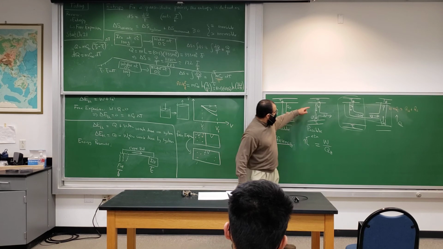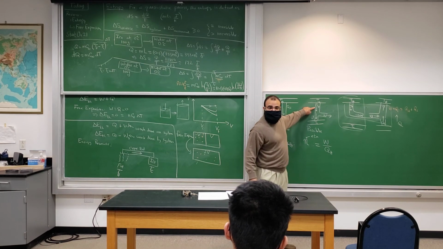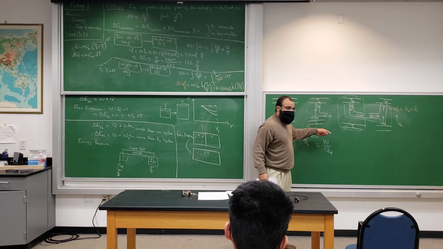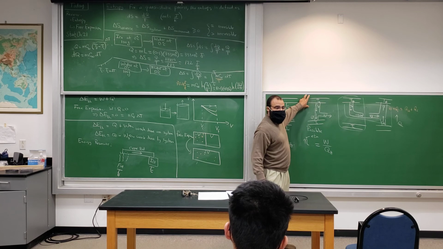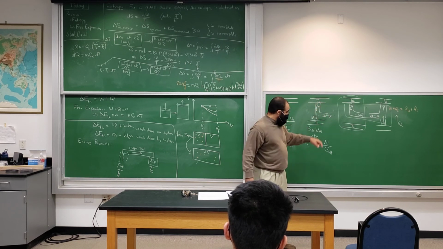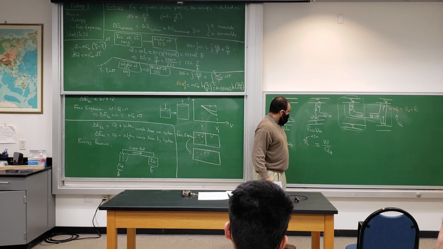So you burned fuel, and you got a W out. What is the efficiency? Well, if you burn 100 calories of fuel and you only get 20 calories of work, your efficiency would be 20%. So W over QH.